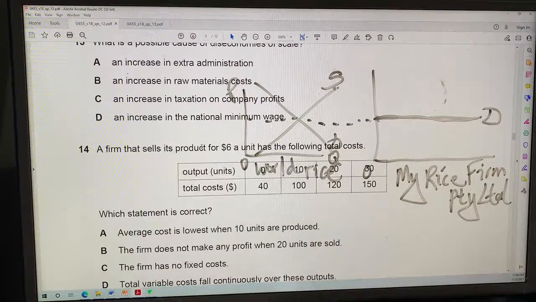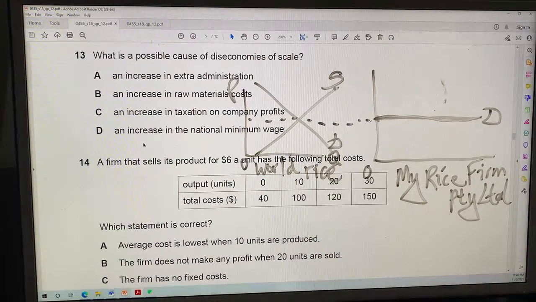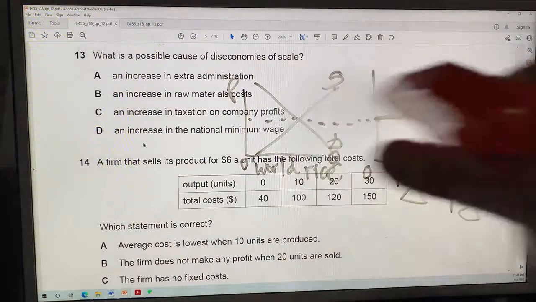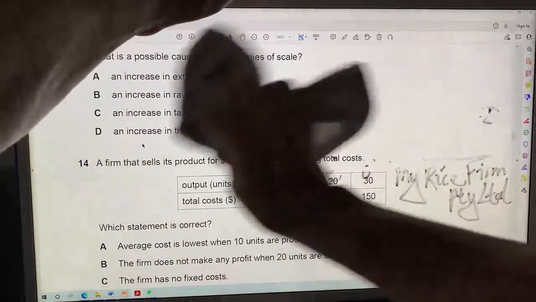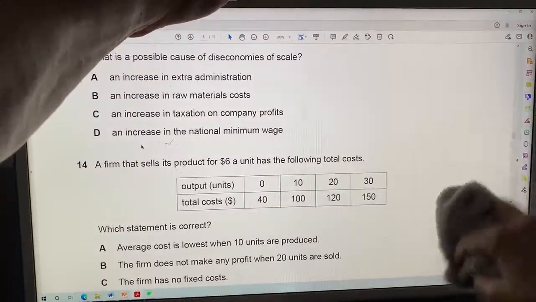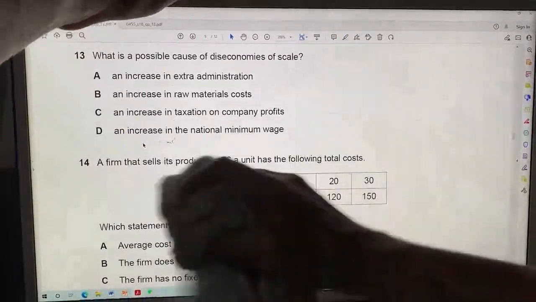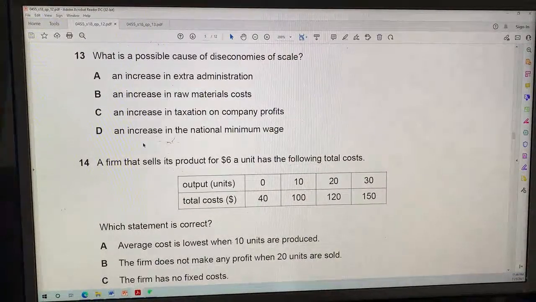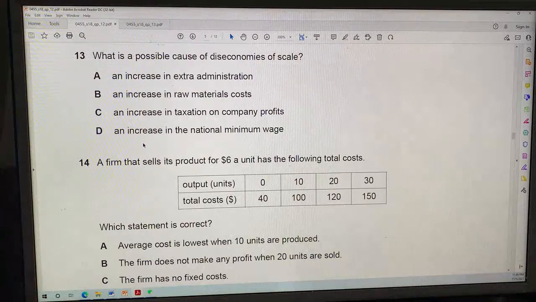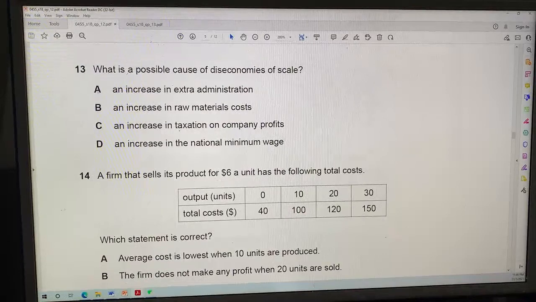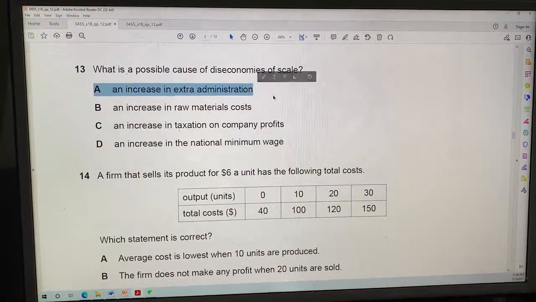Question 13, let's see. Question 13, what is a possible cause of diseconomies of scale? First answer is an increase in extra administration.